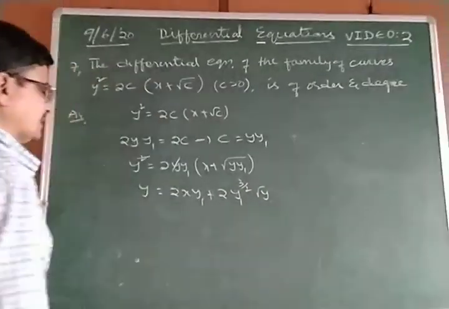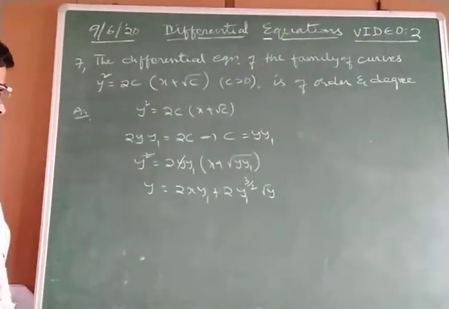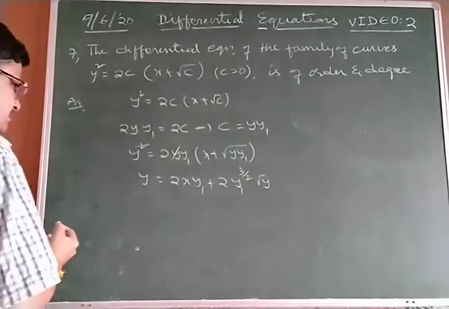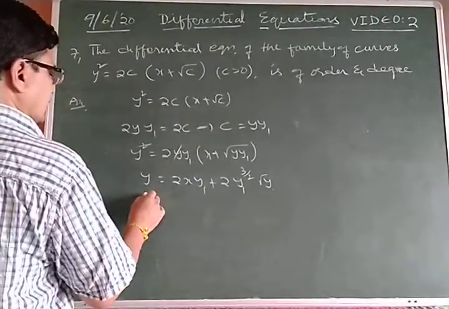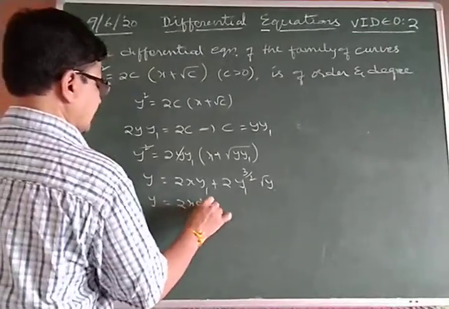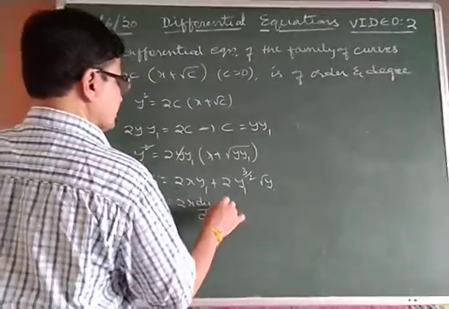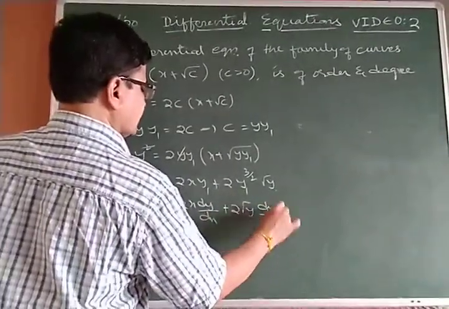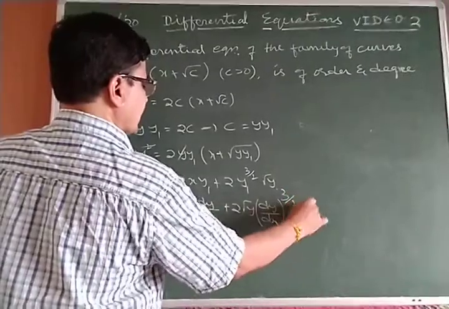That is the given differential equation. Now this is y is equal to 2x into dy by dx plus 2 root y into dy by dx all to the power 3 by 2.